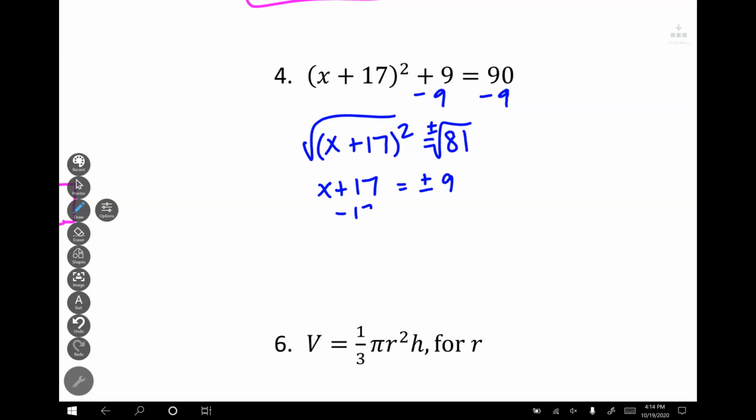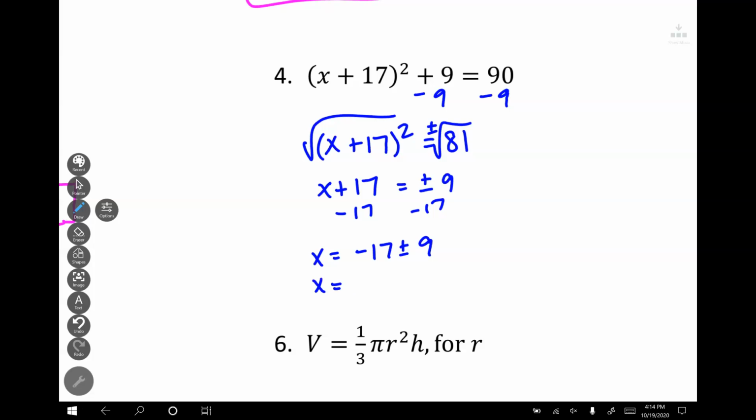Subtracting the 17. So negative 17 plus 9. That gives us negative 8.